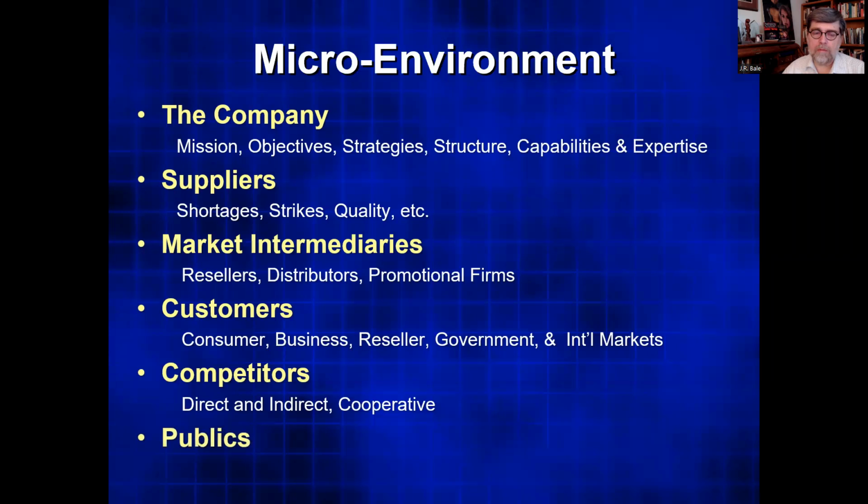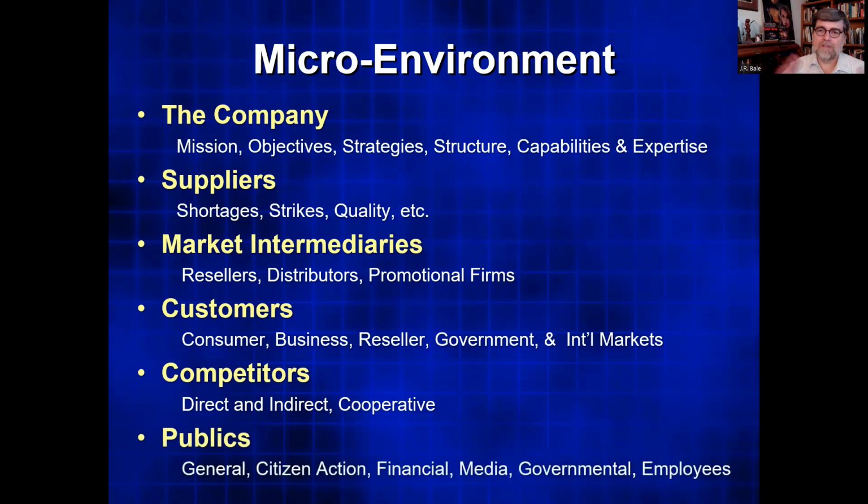Also, there are various publics, and there's obviously the general public. Sometimes there are citizen action groups, people who are for or against certain products. For example, there are people who may be against animal cruelty. Maybe there are vegan groups. Maybe there are people who are for or against certain government actions, and they may protest you, or they may support you. You have to look at that.